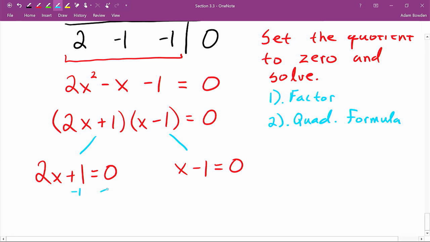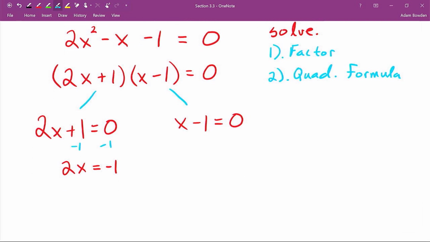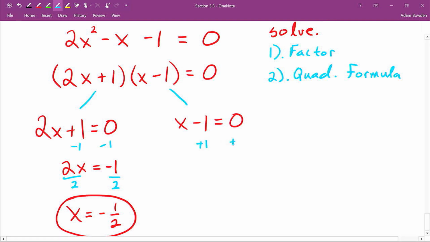For the first thing, I'll subtract over a 1. I have 2x equal to -1. We divide out the 2, and we have x is equal to -1 over 2. And then we add over a 1 on this other thing to get x equals 1.